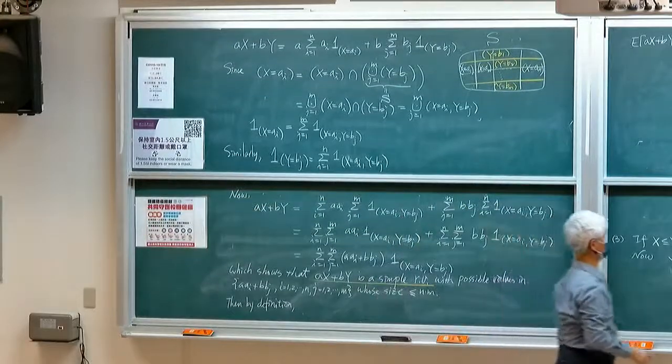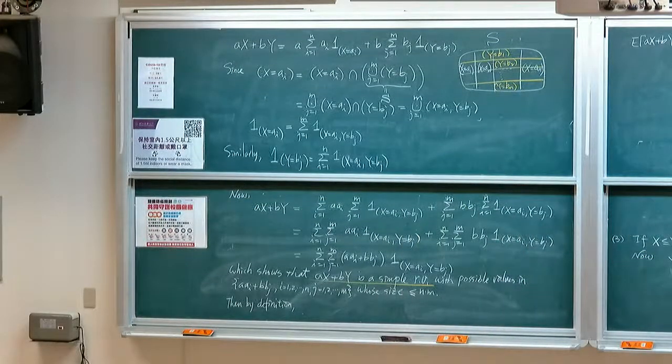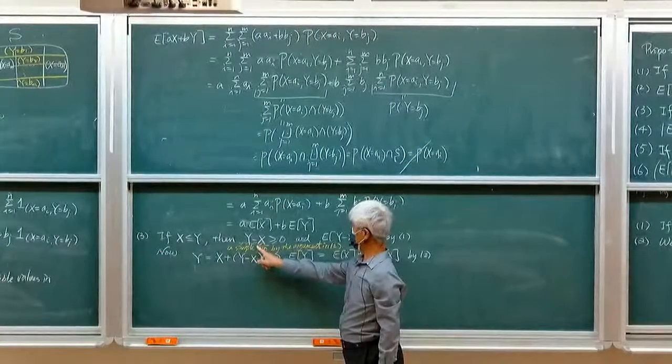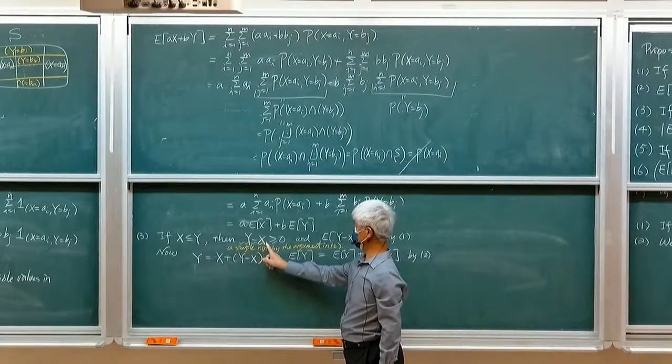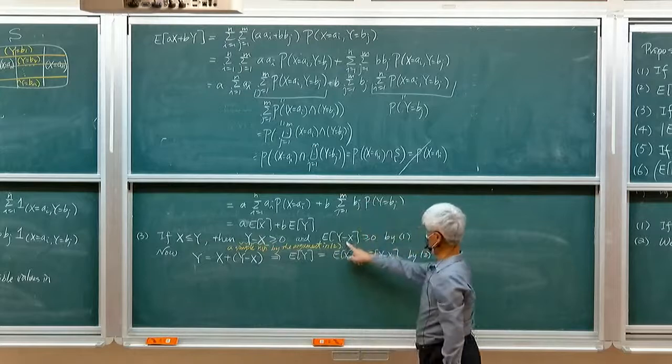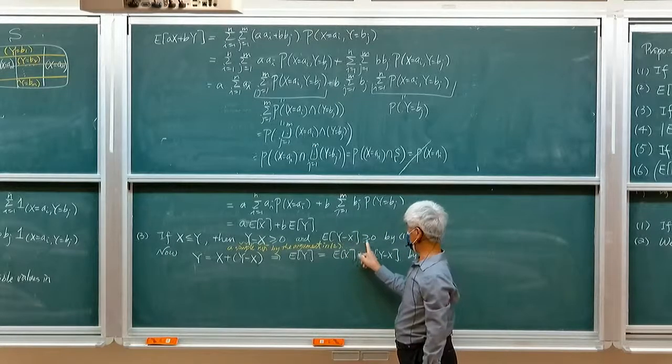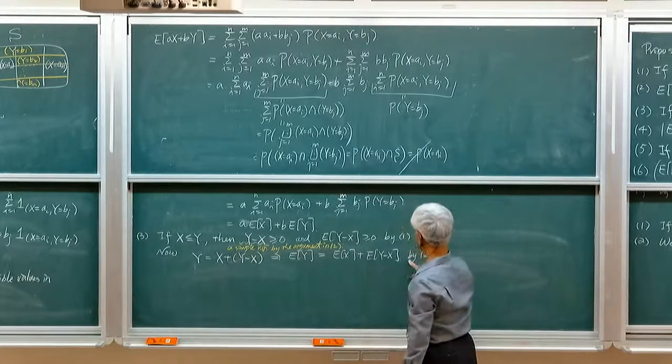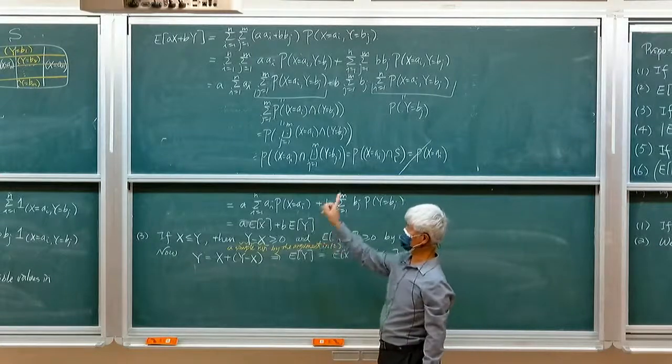So now we have a simple non-negative random variable, and by 1 its expectation is greater than or equal to 0, and by 2 we apply the linearity.